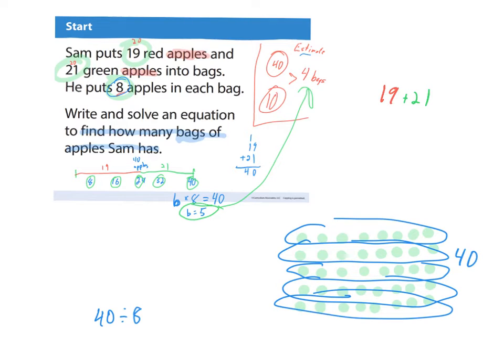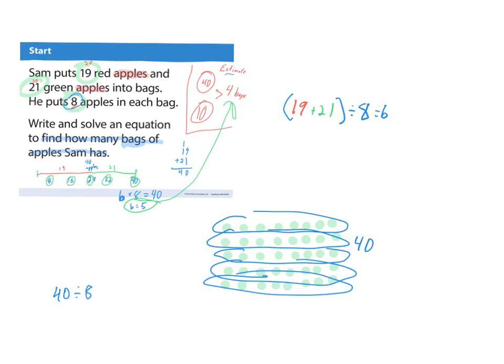Before we do anything, we need to do that. And then we'll divide that number by the number of bags, right? So once we get the total number of apples, we can divide them into 8 bags, or bags of 8, and then we will get our answer of how many bags.